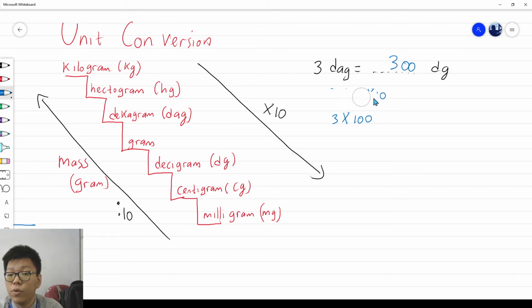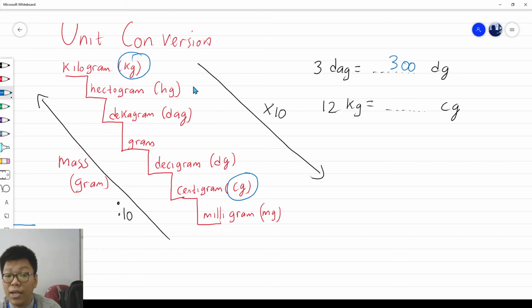I'm going to erase this one and I will give another example. If I have 12 kilograms, I want to convert it into centigrams. This is big. From kilo into centi. Count how many steps. 1, 2, 3, 4, 5.